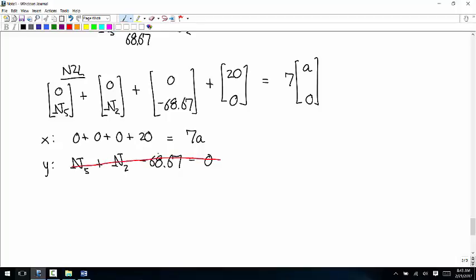That would let us calculate those two pushing forces. But this one says a is equal to 20/7, which is about 2.857 meters per second squared.